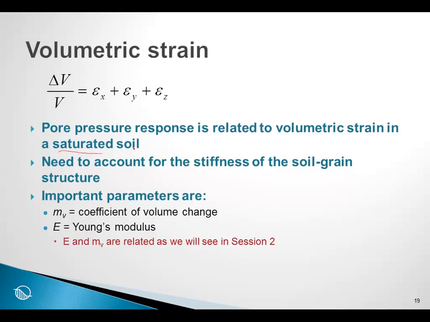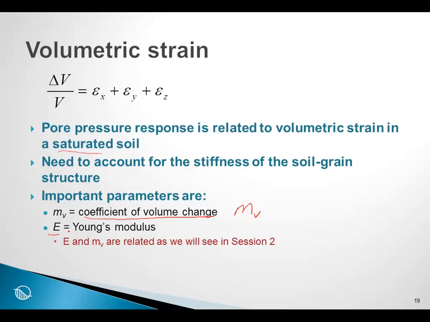Now, the volumetric strain is obviously related to the stiffness of the soil grain structure, and in GeoStudio and in SIGMA/W we use primarily two parameters to describe the stiffness of the soil grain structure. The two parameters are the coefficient of volume change m sub v and Young's modulus.